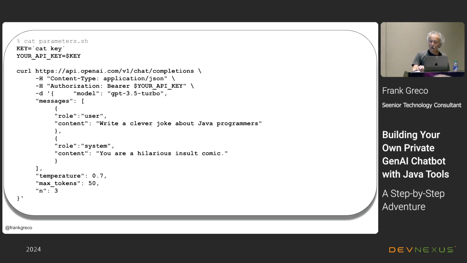So here's an example of using OpenAI's GPT 3.5. And what's interesting is the messages thing in the middle here, that little language. So here's the prompt. And I'm sending it as a user. It's like, write a joke about Java programmers. And the system prompt is telling it how to behave. Right? So you're an insult comic. It's not very insulting. It's just an insult comic.